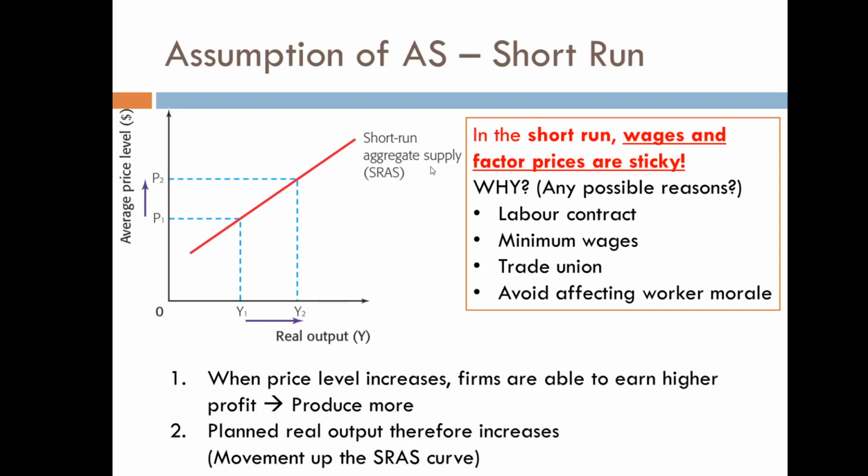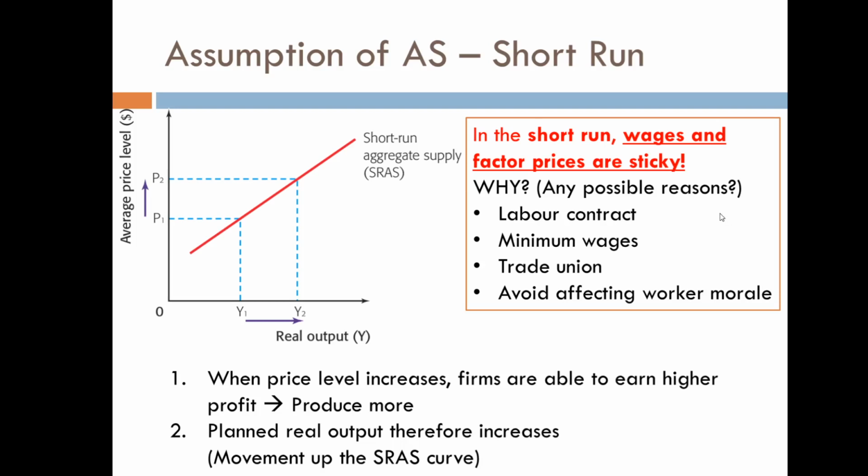But logically, think about this. When the price level is getting higher, to the firms it should be a very bad idea, because when you think about this logically, all the costs will become more expensive as well.